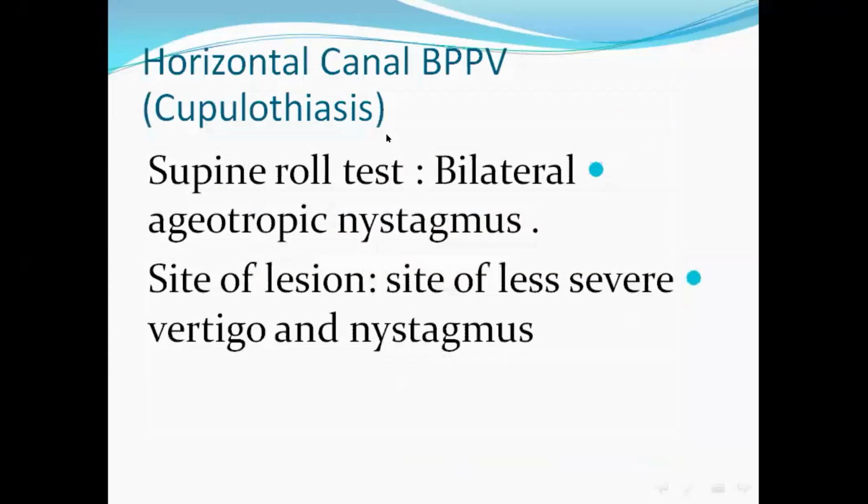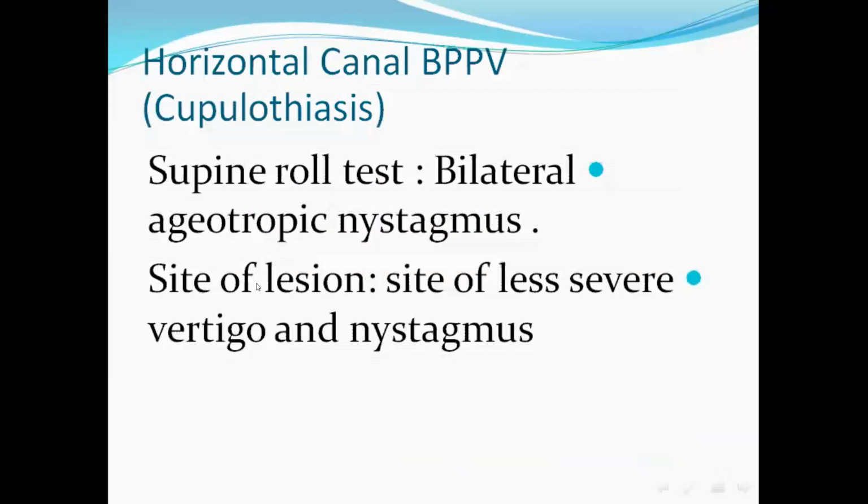Now, if the patient has bilateral apogeotropic nystagmus in the supine roll test in both positions, right and left, in which the fast component of the nystagmus in both positions beats towards the ceiling or the uppermost ear, we want to decide the site of lesion.